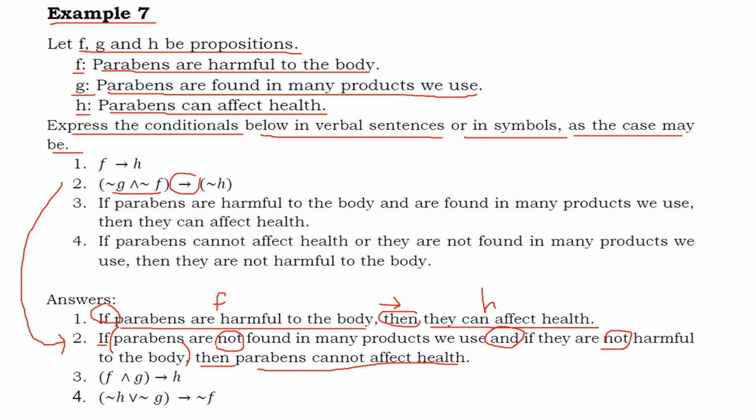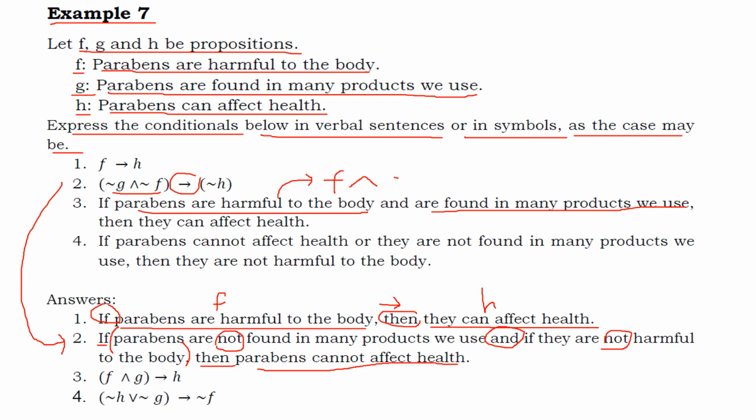For number 3, if parabens are harmful to the body, that will be your F. So we simply copy your F proposition: parabens are harmful to the body, and conjunction, are found in many products we use.